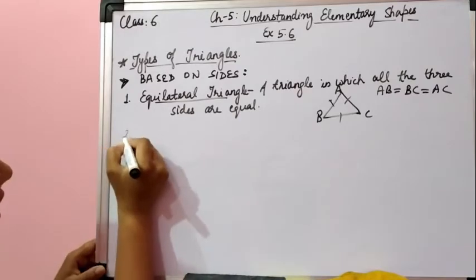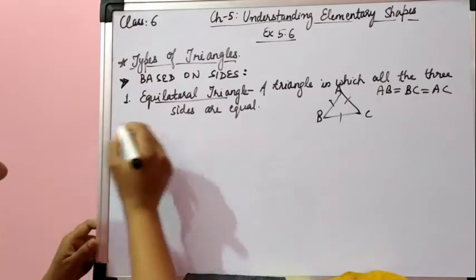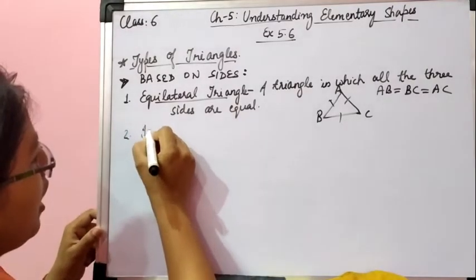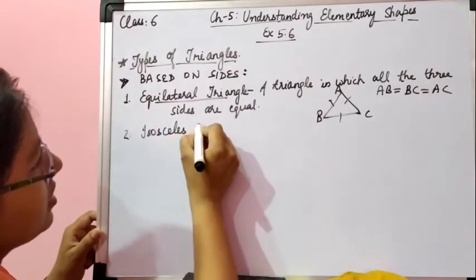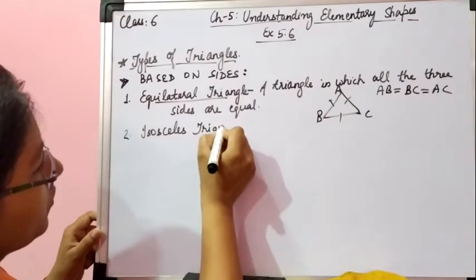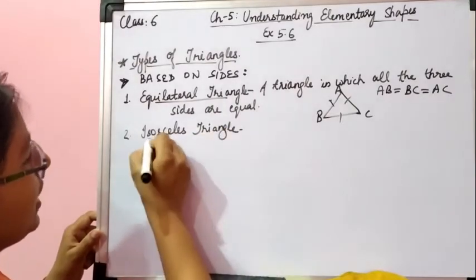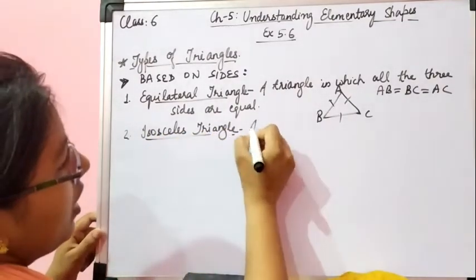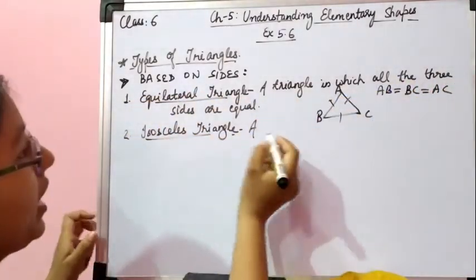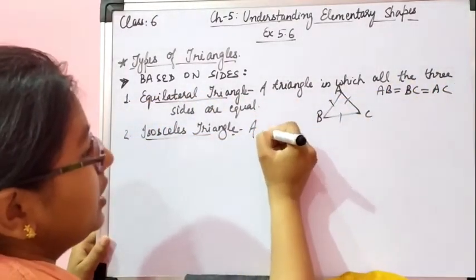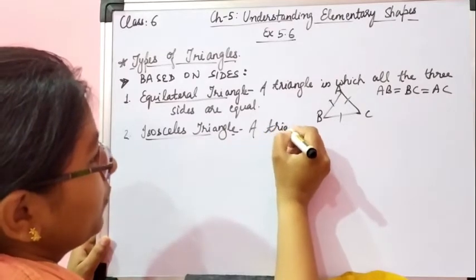Now similarly, the second one we have is the isosceles triangle. What is an isosceles triangle? In an equilateral triangle all three sides were equal. In an isosceles triangle only two sides are equal.